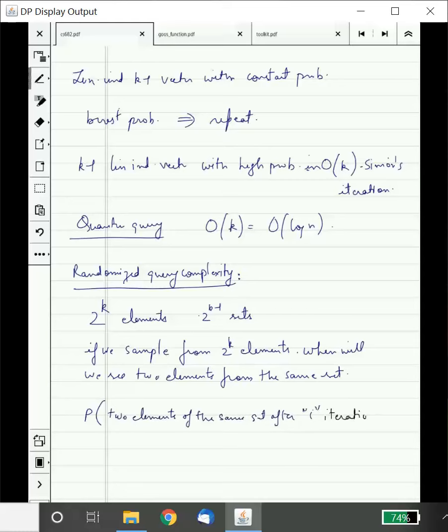This happens with probability 1 multiplied by, sorry, let me just say 1, then I have to remove 2, and then I have to take out at most 4 elements, and so on. And this expression should remind you of the birthday paradox.